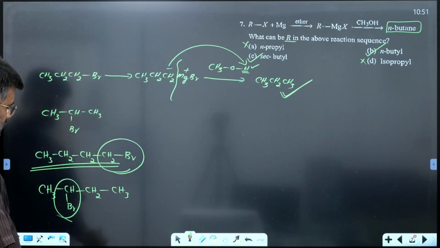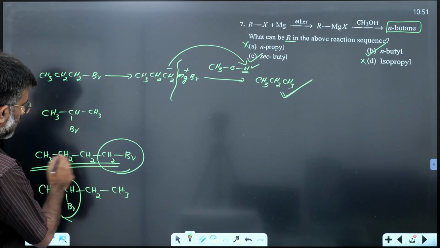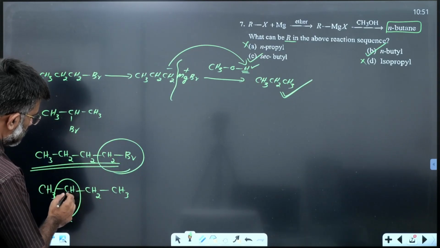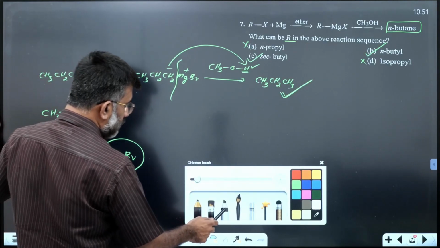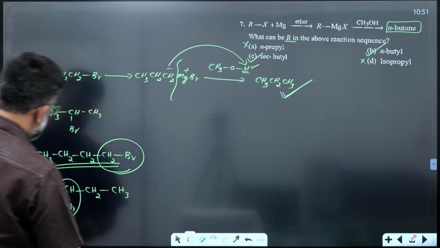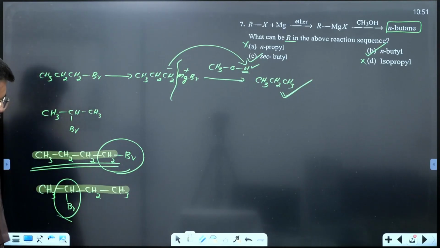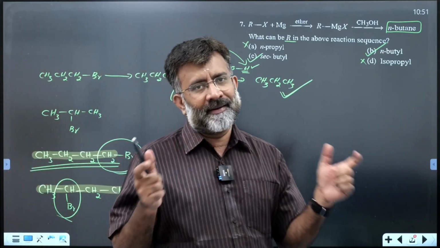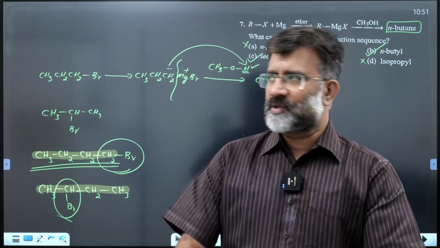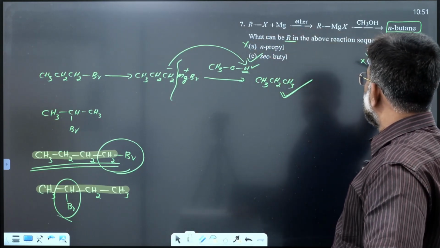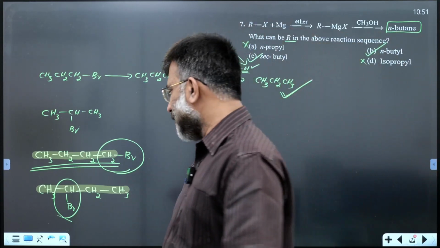Upon interacting with acidic hydrogen, this CH turns CH2, this CH2 turns CH3, and you get normal butane. So whether n-butyl bromide or secondary butyl bromide, the skeleton is converted to the corresponding hydrocarbon, normal butane. The answer is options B and C. Next.